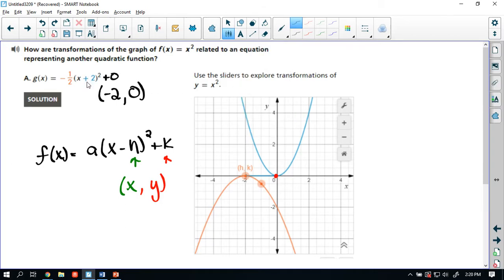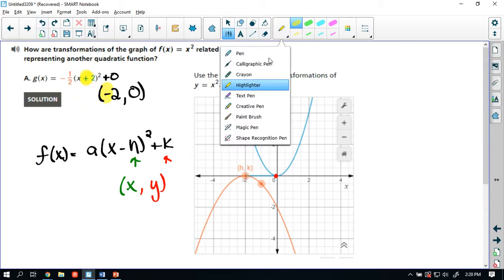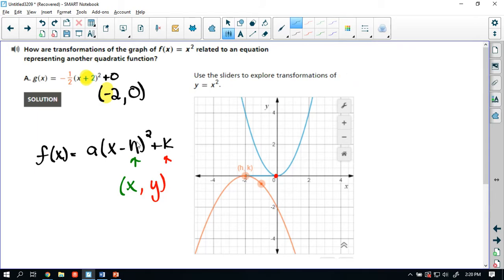This right here is a positive, and this right here is a negative. When you're finding the h, k, a great way to think about it is that this is -h, k, so that this sign changes no matter what you do.